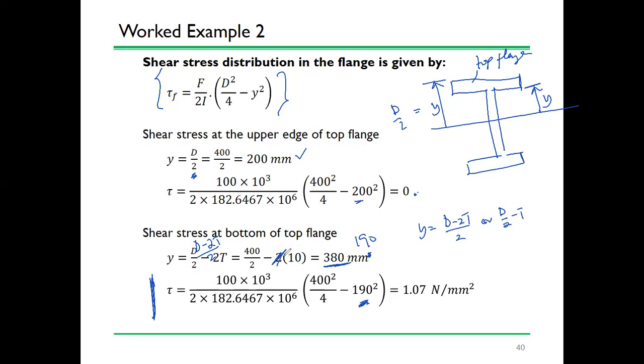So these two should not be there. So in this formula, the y here should be equal to d over 2 minus t, which is equal to 400 over 2 minus 10, 190 millimeters.